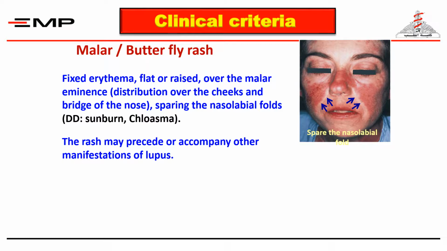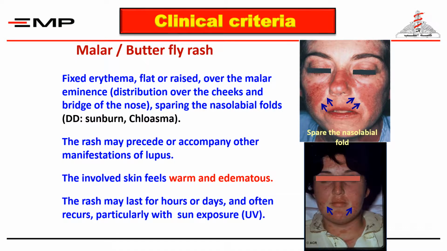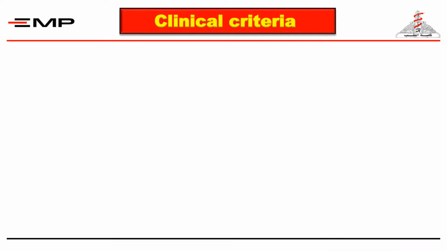The rash may precede or accompany other manifestations. The involved skin feels warm and edematous, and the rash may last for hours or days and often recurs, particularly when sun exposure occurs due to ultraviolet radiation.